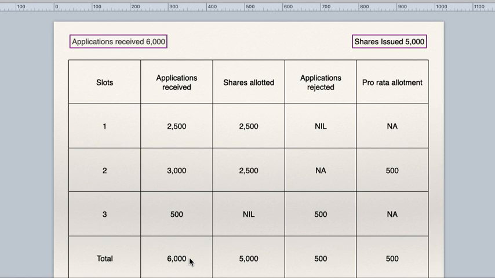See, applications received 6,000, shares allotted 5,000, excess applications received 1,000. Out of that 500 applications are rejected, and whatever application money received on the remaining 500 applications got adjusted against allotment. So it is pro rata allotment.